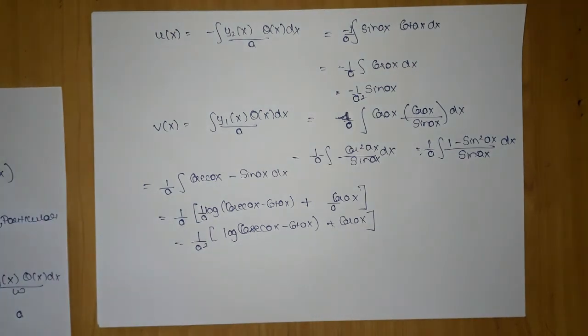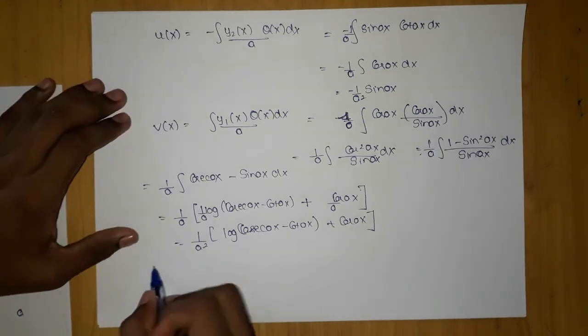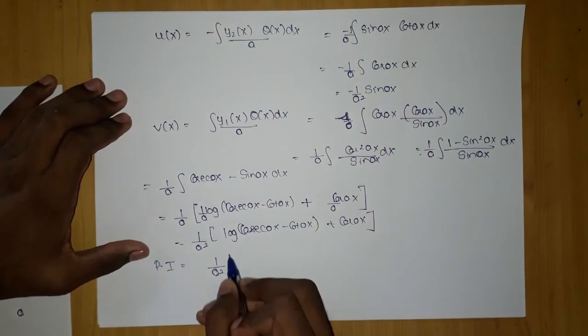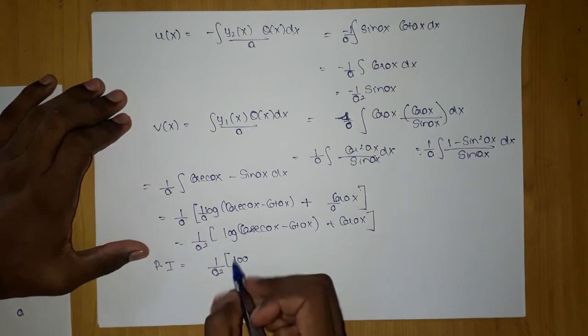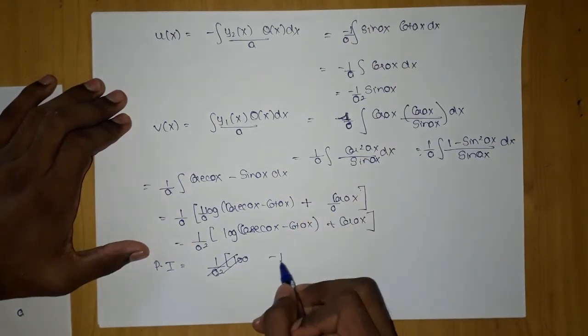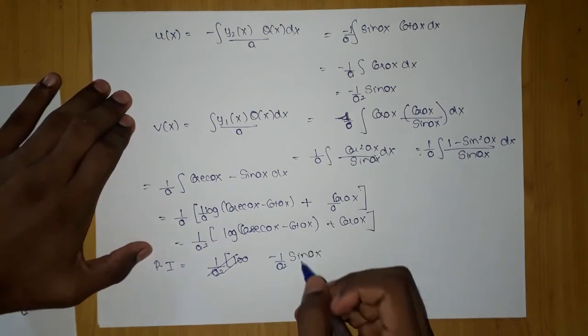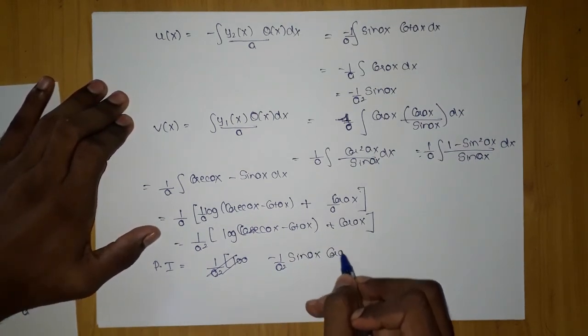Now we are going to substitute these values in our particular integral, which was u of x, minus 1 by a square sin ax, into y1. y1 was nothing but cos ax.